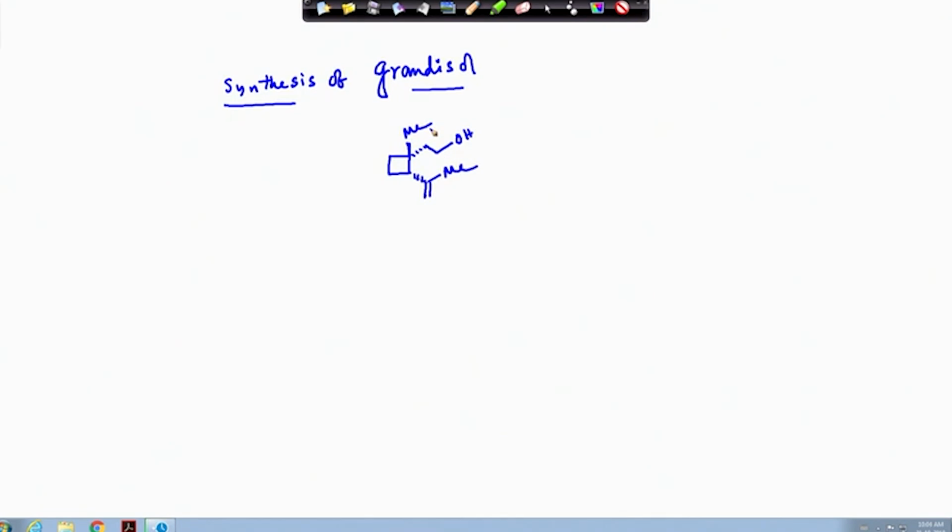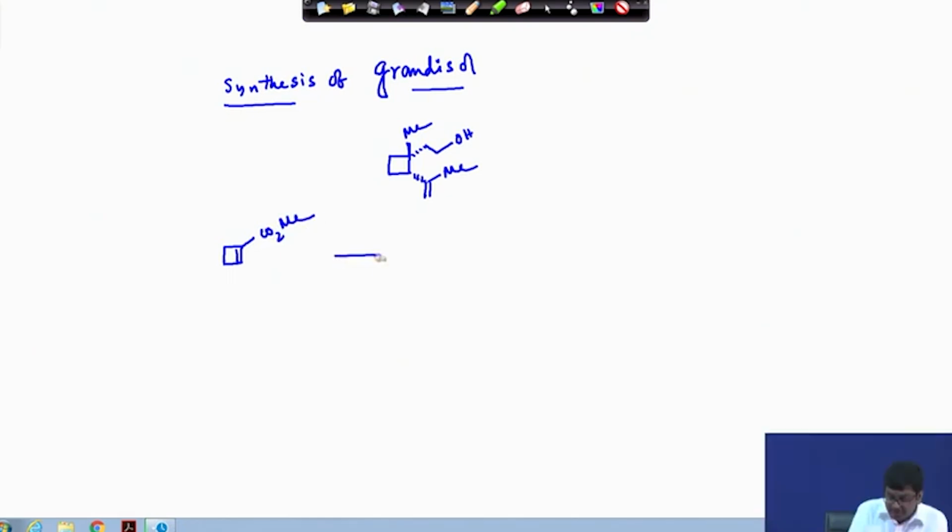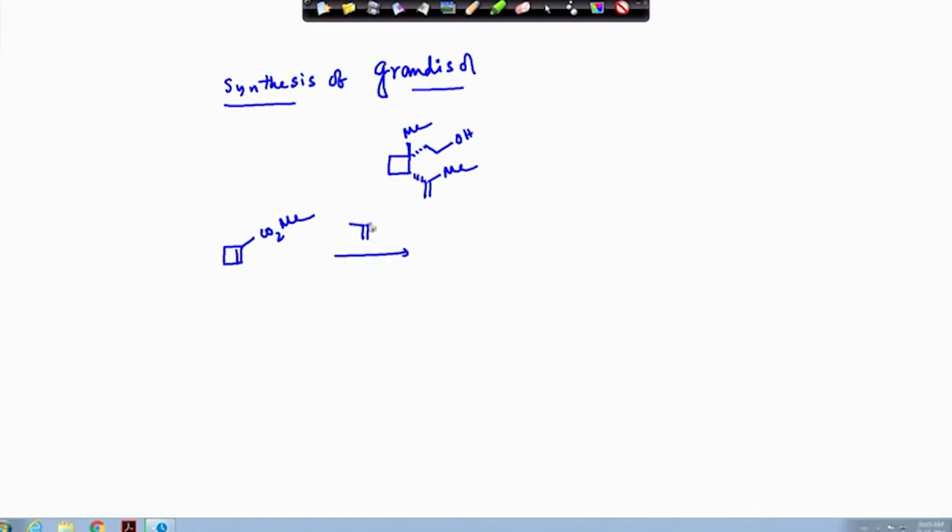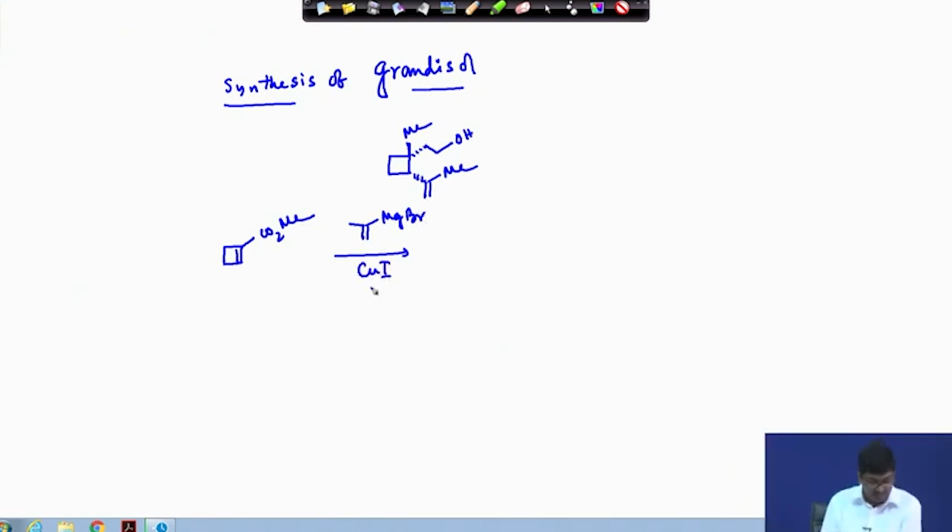So, this is a sex pheromone from a pest of the cotton boll, and its name is grandisol. The precursor taken is a cyclobutene derivative. After that, conjugate addition of a Grignard reagent in presence of copper 1, the attack will happen over here, this 1,4 addition.